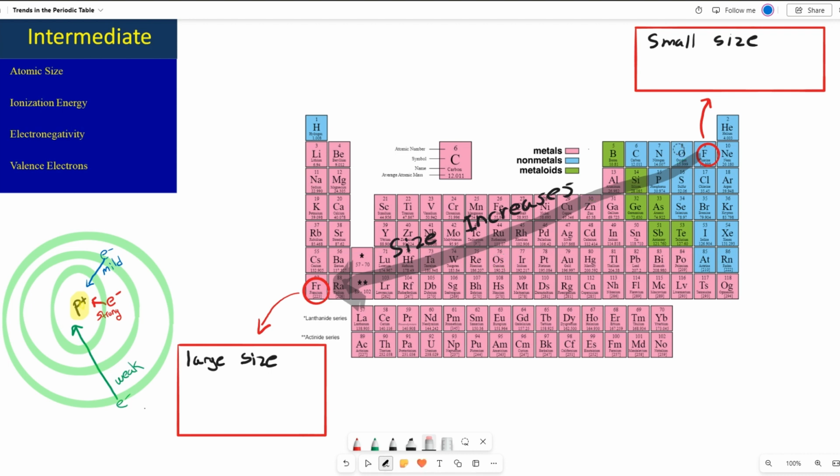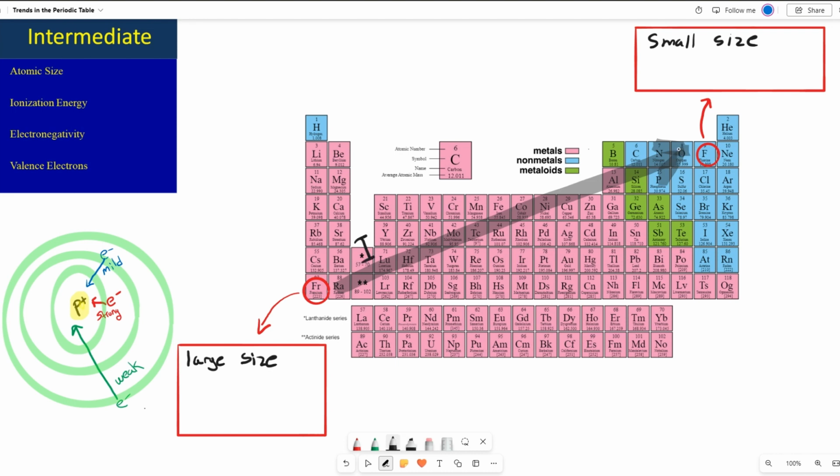The second trend that we're going to take a look at is ionization energy. And ionization energy is the ability of the least tightly bound electron to be pulled out of an atom. And if we take a look, the ionization energy increases as you go diagonally across and up the periodic table.